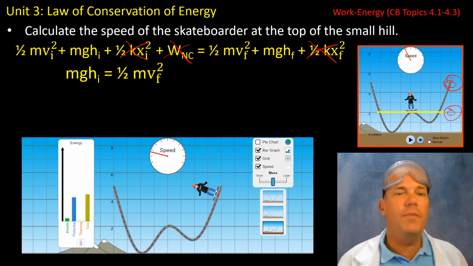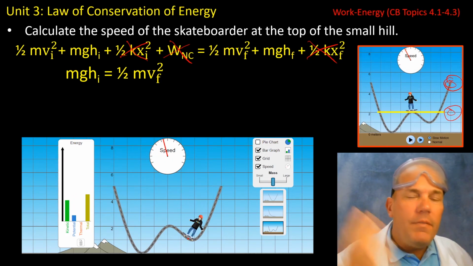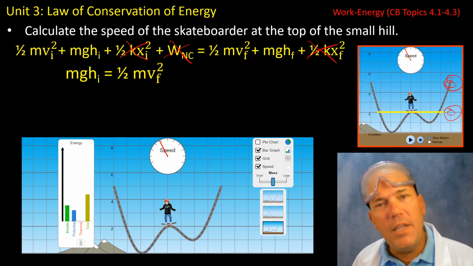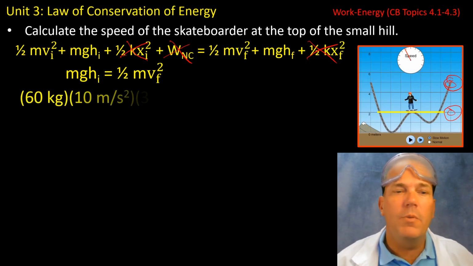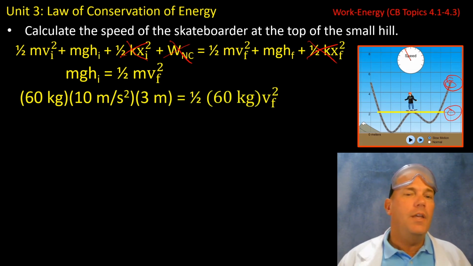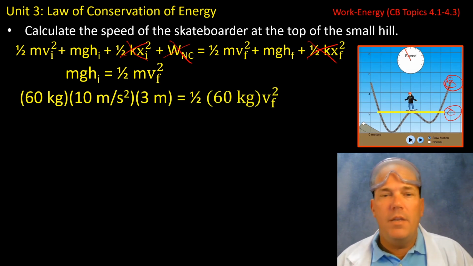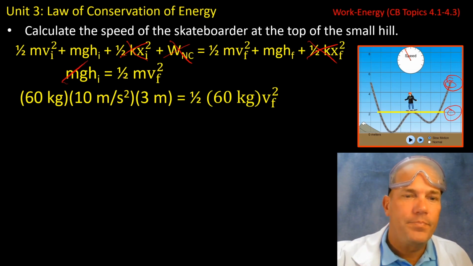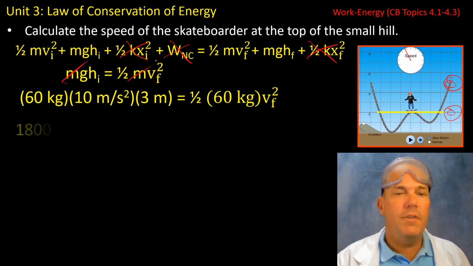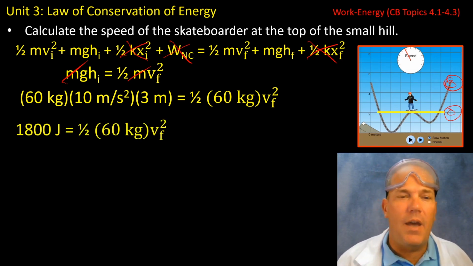We're only solving for our gravitational potential energy and setting it equal to our kinetic energy, and algebraically we're going to find V final in this scenario. Note also that I could have easily done this. Mass isn't even a factor, it completely cancels out.